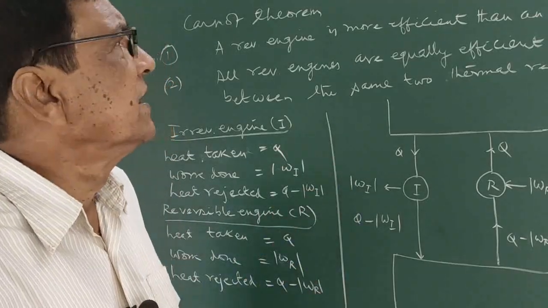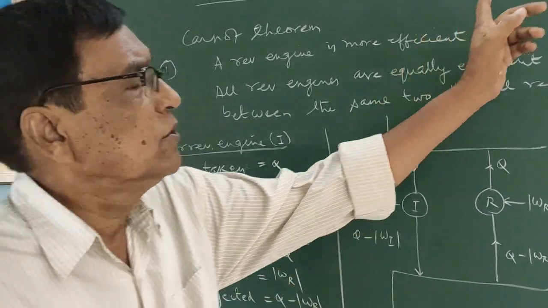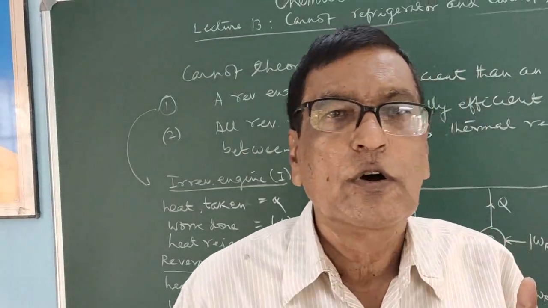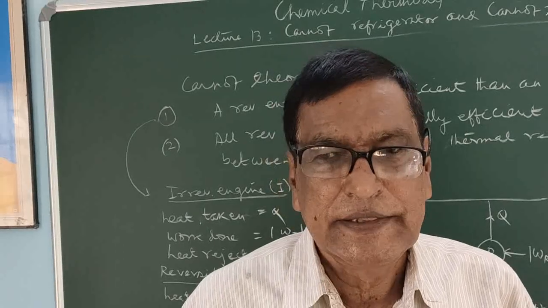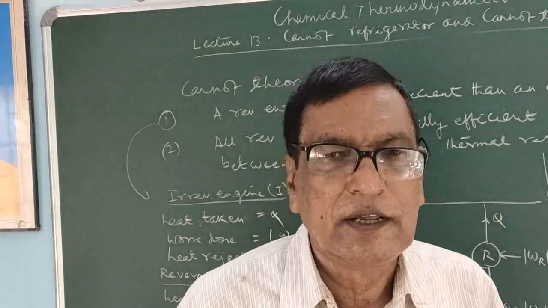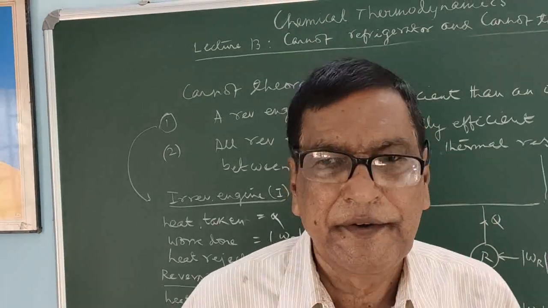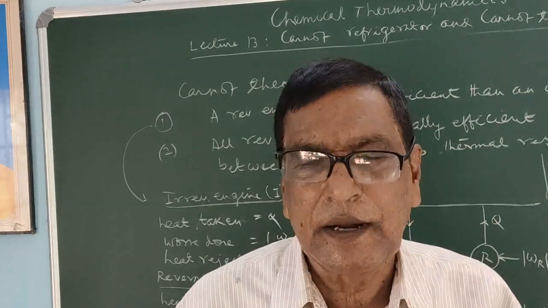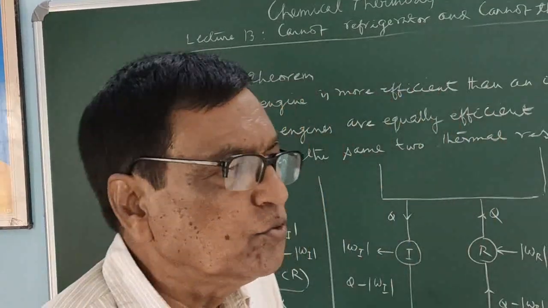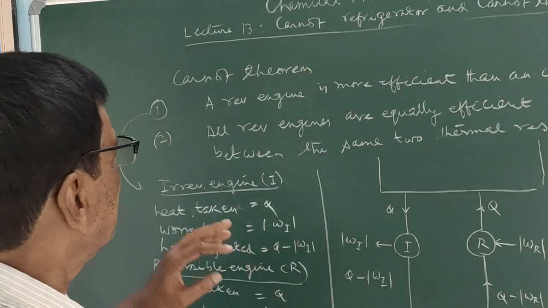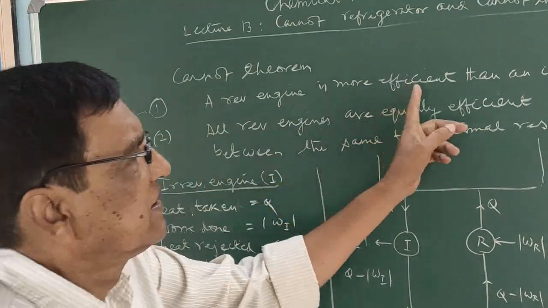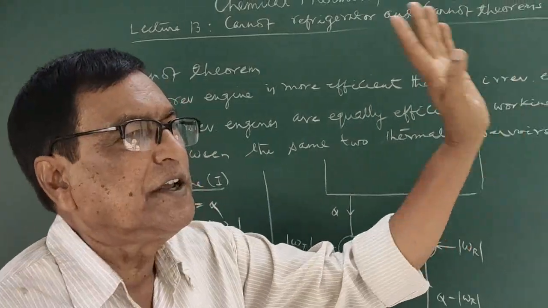Let us consider the two Carnot theorems or two Carnot principles. They cannot be proved mathematically, but we can explain them in terms of logical arguments. The two principles are: a reversible engine is more efficient than an irreversible engine.